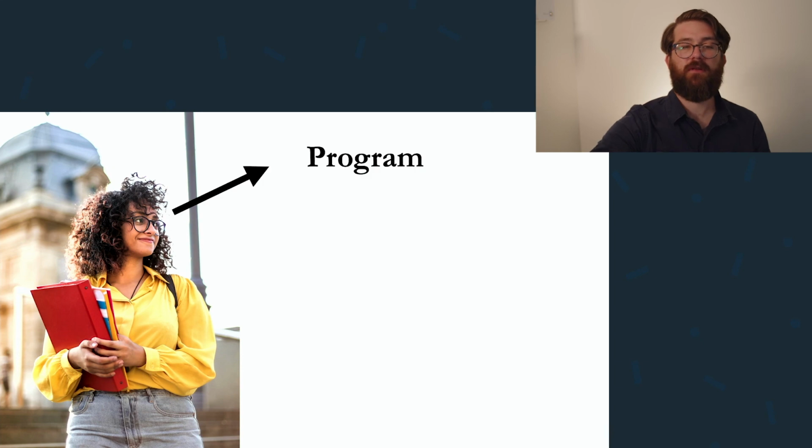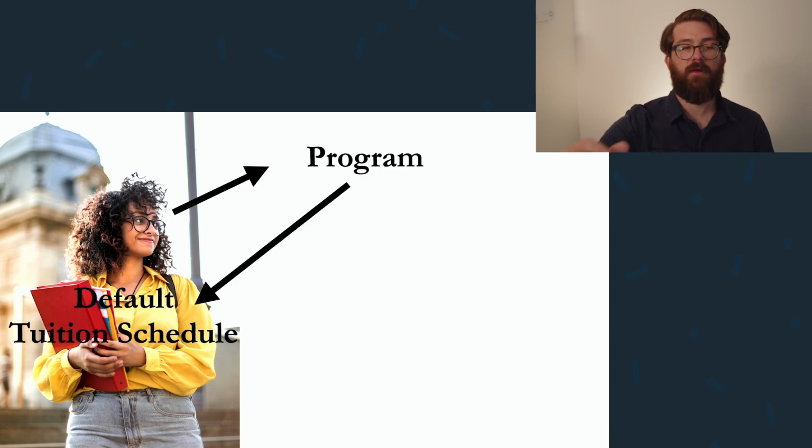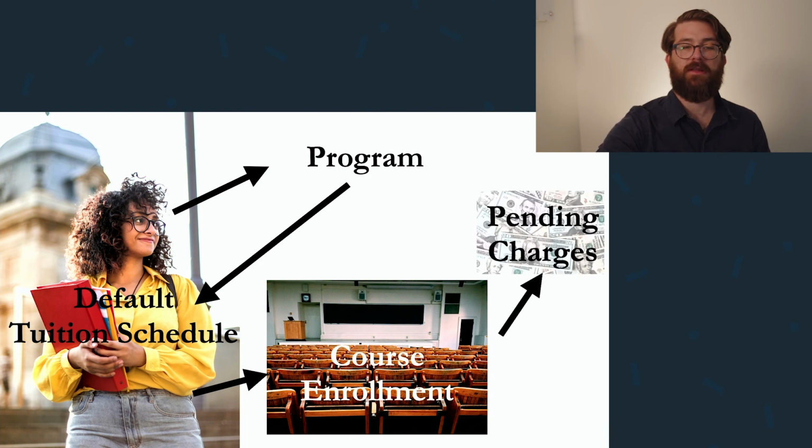You've got a student, you get into a program, they get a default tuition schedule, they enroll in a course, that creates pending charges, and that is the end. So that should do it. If you're able to use that ideal process, you'll be ready to go if you get those things set up and functioning.